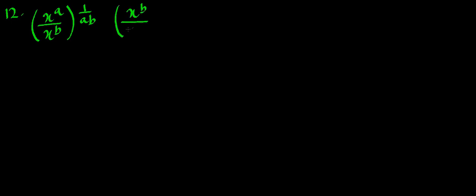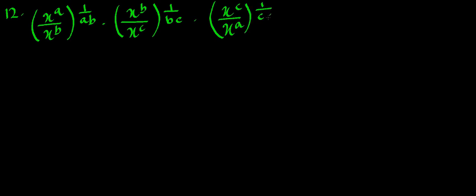It says x raised to a upon x raised to b the whole raised to 1 upon ab, into x raised to b upon x raised to c the whole raised to 1 upon bc, into x raised to c upon x raised to a the whole raised to 1 upon ca is equal to 1.